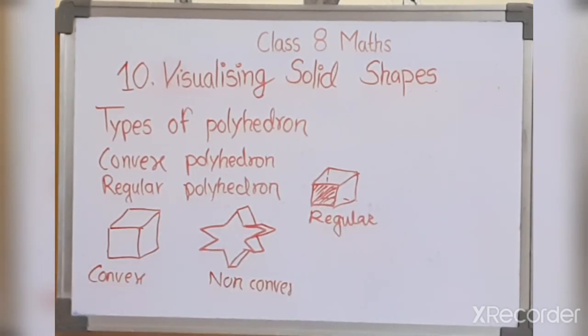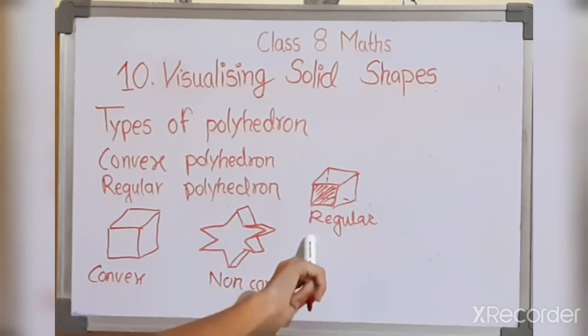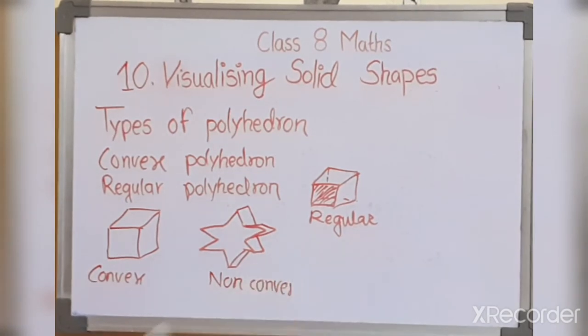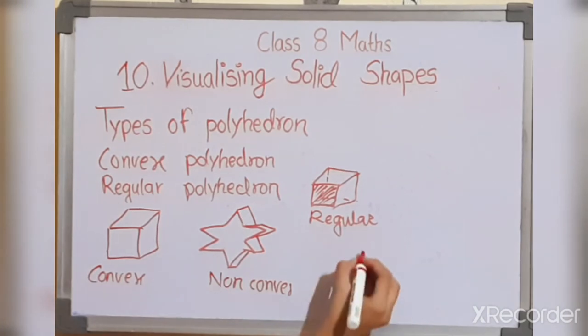Now what is the irregular polyhedron? So these are those polyhedron whose vertices are not formed by the same number of faces. But in regular polyhedron we see that the vertices are formed by same number of faces. But in irregular polyhedron it is not like that. So example of irregular polyhedron is given here.